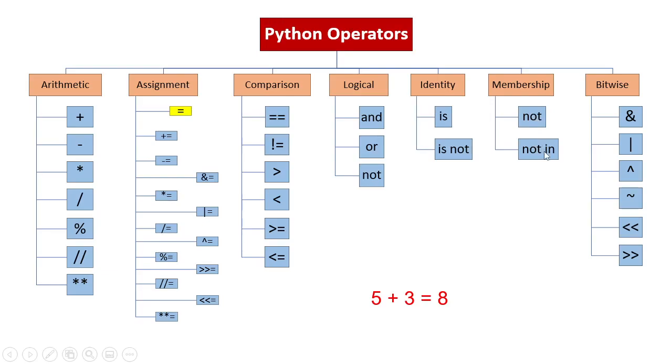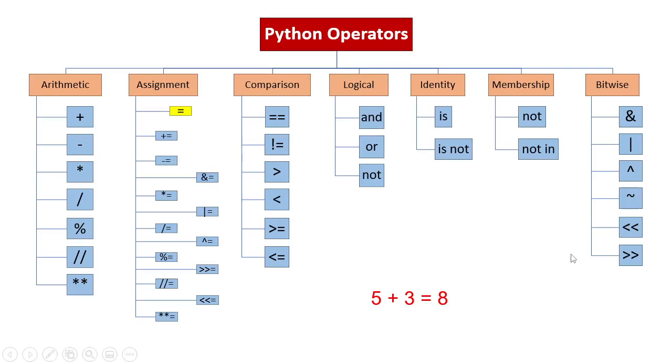And lastly, there are bitwise operators that perform operation bit by bit at a binary level. In this video, we will discuss the arithmetic operators, bitwise operators, and assignment operators with some example codes. I will make a separate video to show how comparison, logical, identity, and membership operators are used with more practical examples.